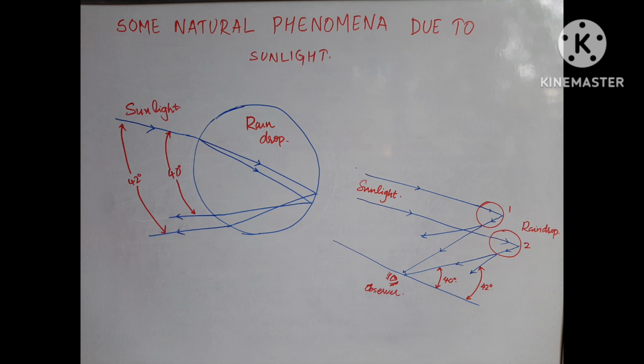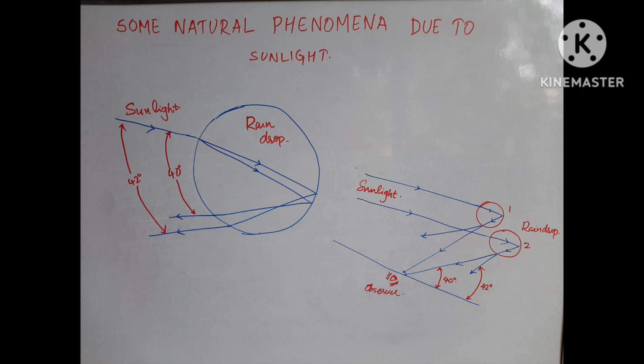Okay, and the observer should stand with his back towards the sun. That's a condition. When we consider this phenomenon, you know that sunlight is first refracted as it enters the raindrop, which causes dispersion inside the raindrop.